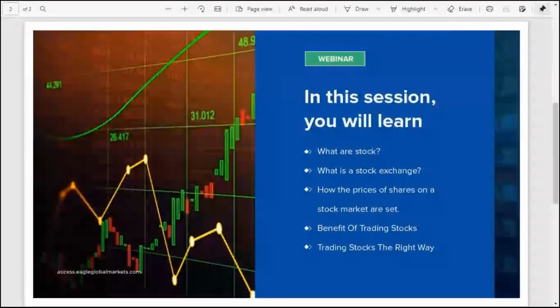Now, the stock exchange market is the secondary market for stocks of companies, and it's where existing owners of shares can transact with potential buyers of shares. It's important to understand that the corporations listed on the stock market do not buy or sell their own shares on a regular basis.